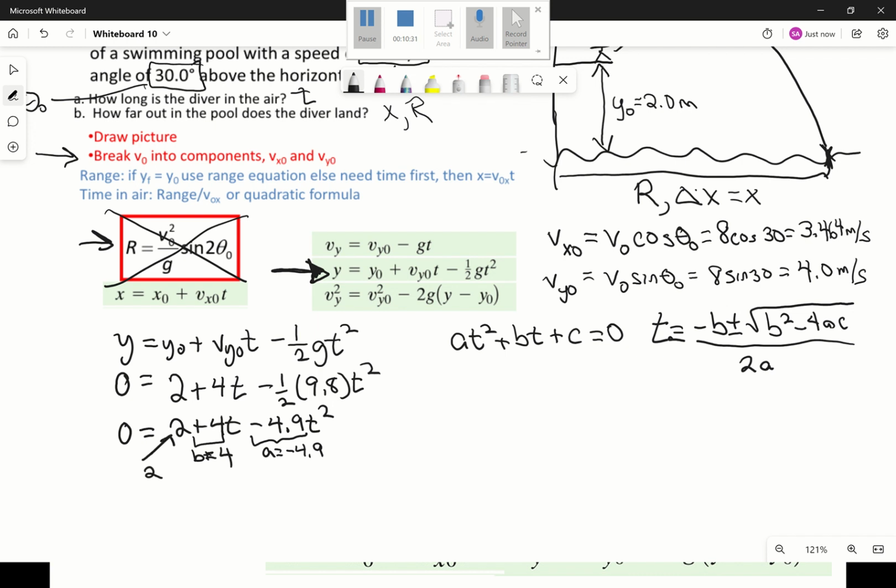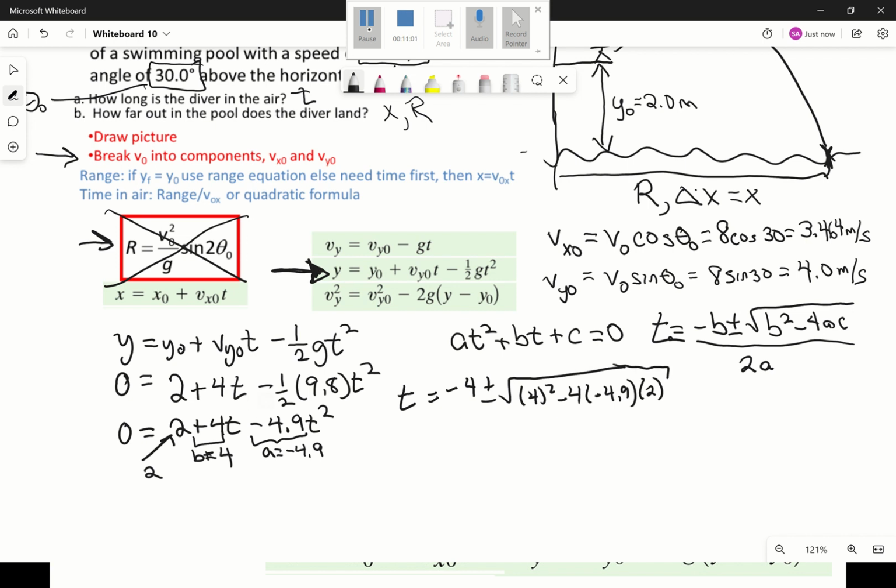So I'm going to put into my equation here, t is equal to negative b, so minus 4 plus or minus the square root of b squared. So 4 squared minus 4 times a, which is negative 4.9, times c, which is 2.